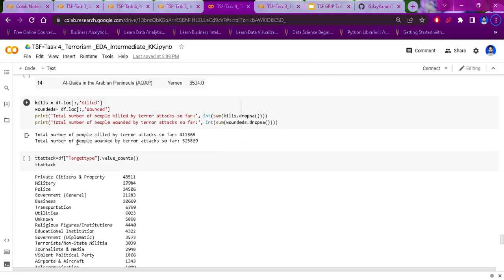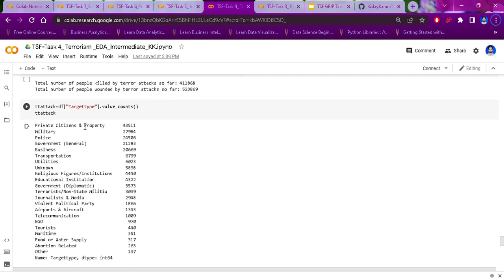The total number of people killed across the globe by terror attacks is so far 4,11,868, and those wounded are around 5,23,869. These are the total counts of wounded and killed people so far in the terror attacks performed across the globe.